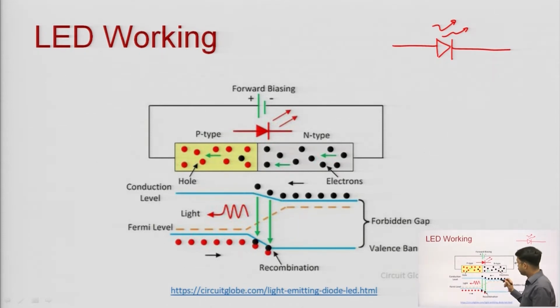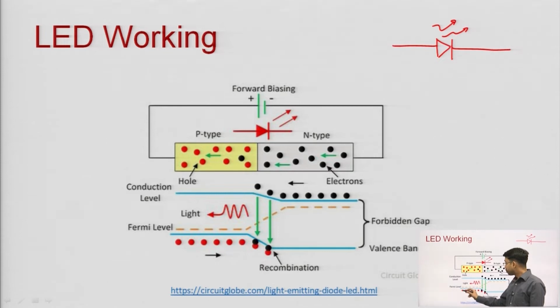We shall discuss this with the help of the band diagram. This is the energy band diagram, this is the conduction band, this is the valence band. There are free electrons in the conduction band in n type material, and in p type material there are vacancies of electrons, which are holes. This absence of electrons in p type semiconductor happens due to doping.